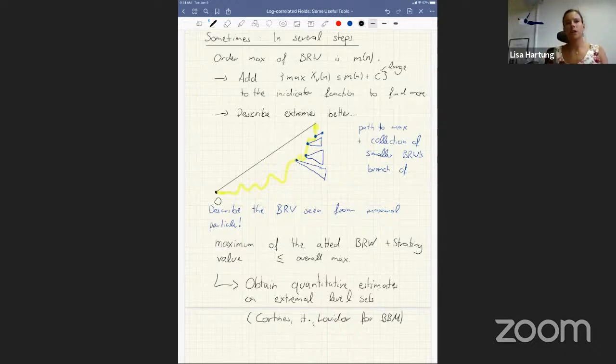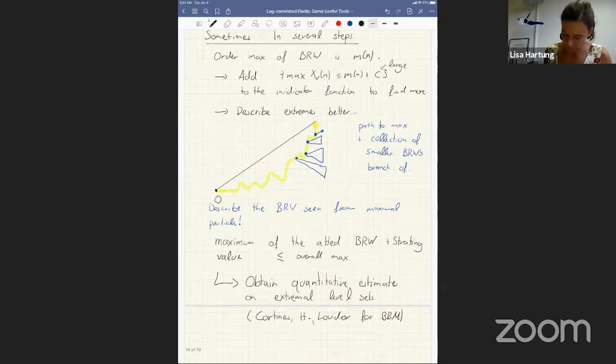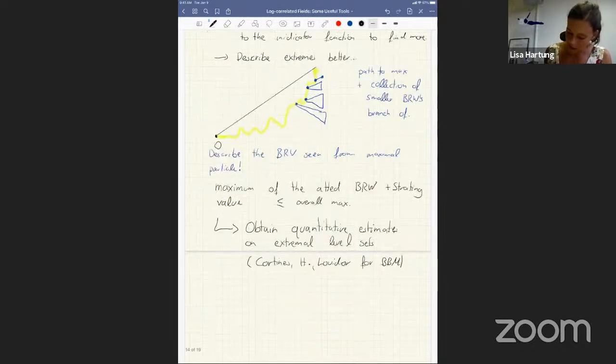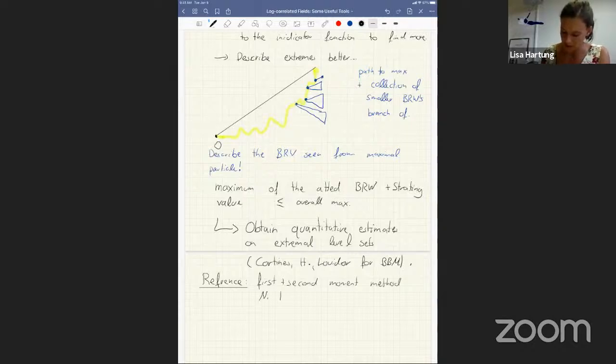And what I should also add: if you try to find this extra condition and how you should match it, there's a very nice overview article on this first and second moment method by Nicola Kistler.